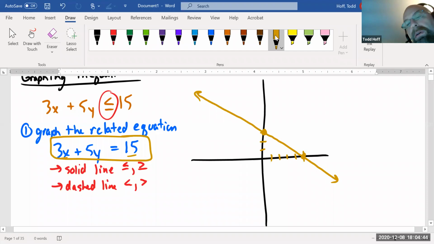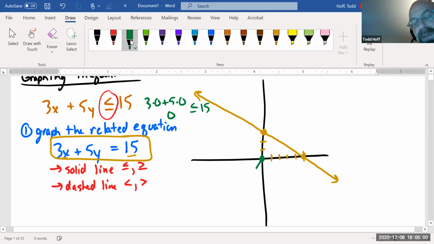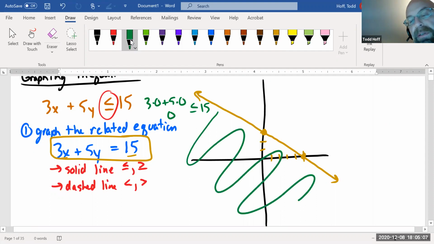Now we need to decide which side of the line the solutions are on. Less than or equal to implies it's going to be below the line, but let's test just to be sure. I'm going to take a test point, and usually I use the origin, 0, 0. If I put 0, 0 in there, 3 times 0 plus 5 times 0 is just 0, and that is less than or equal to 15. So that's true, so the solution is here. Many textbooks would have you shade this side of the graph, saying that's where the solution is.